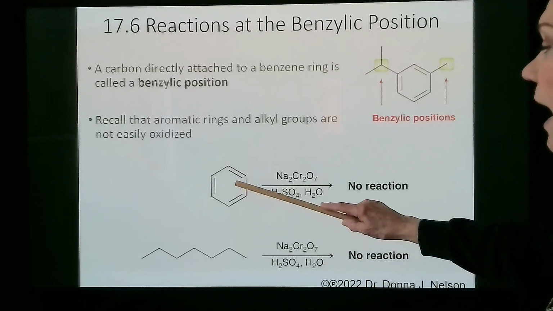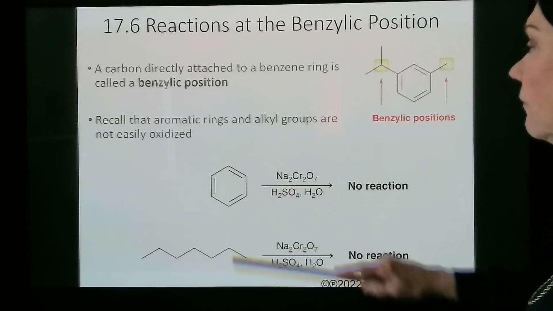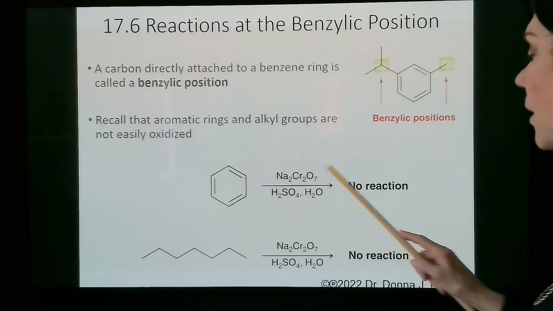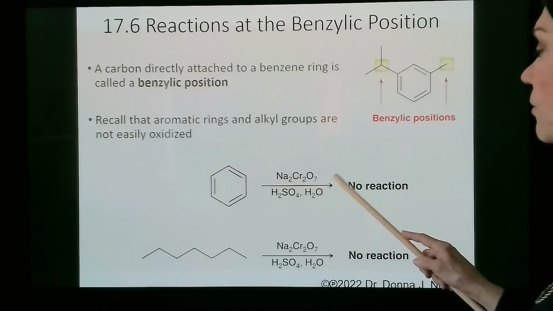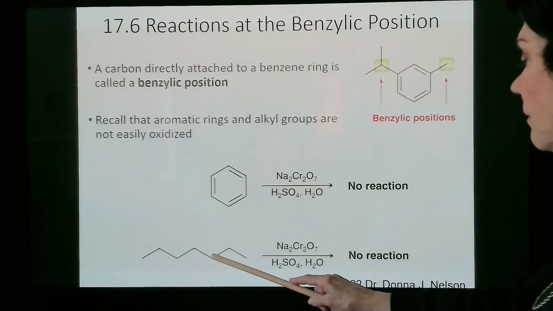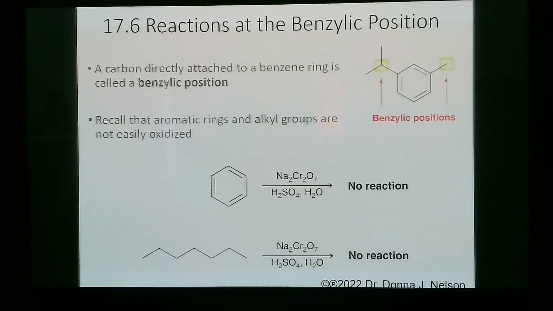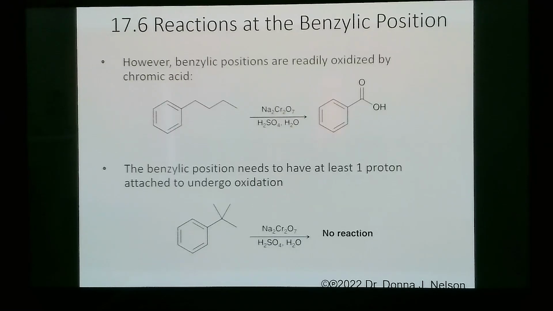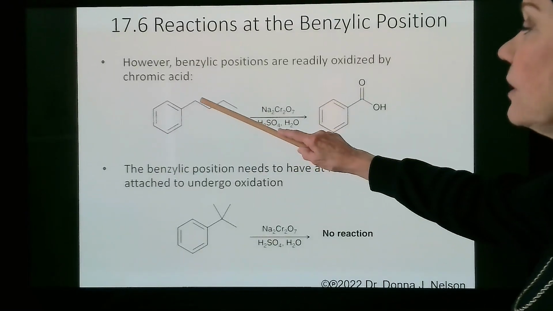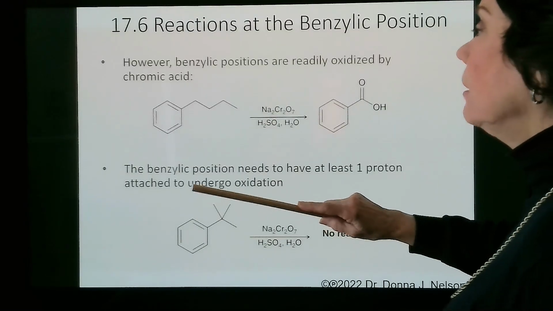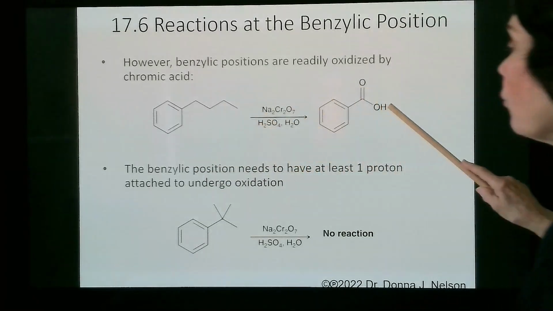So here, if you have unsubstituted benzene or heptane with sodium dichromate, there's no reaction with that set of reagents. However, for the benzylic position, it does react.